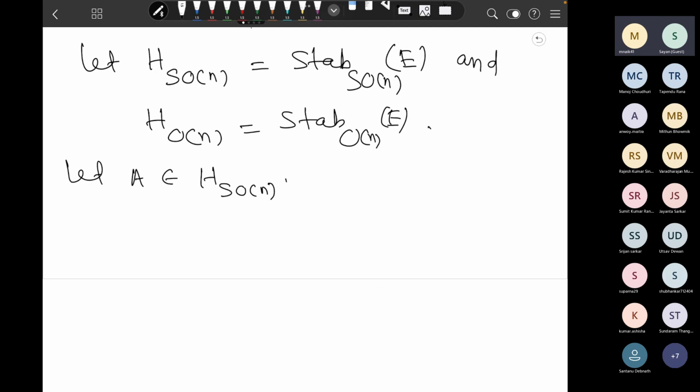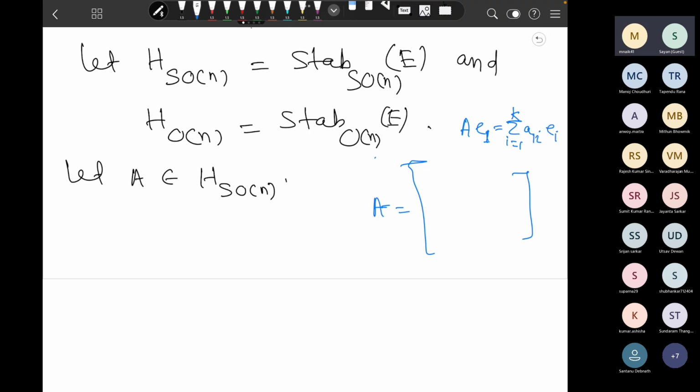Now, what is AE1? By definition AE1 belongs to E, because A fixes the space E. AE1 is a linear sum of the first k basis vectors, the sum over i equal to 1 to k of a_i1 Ei.